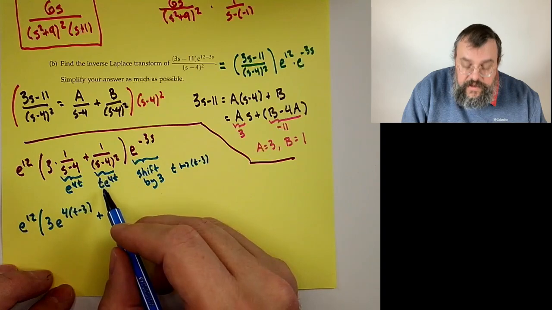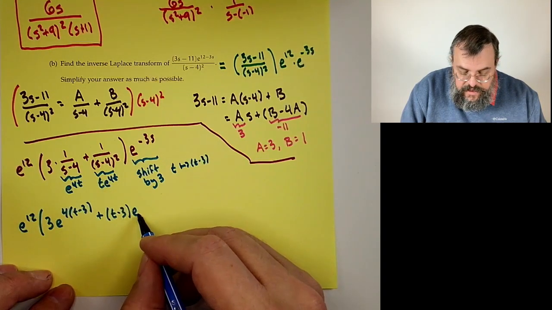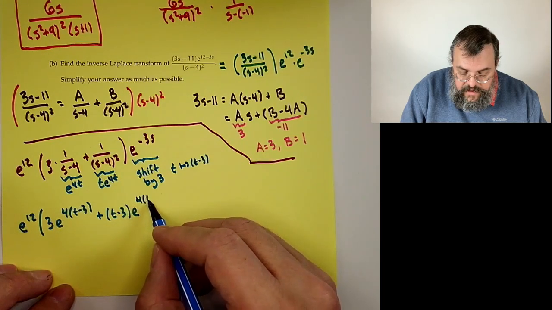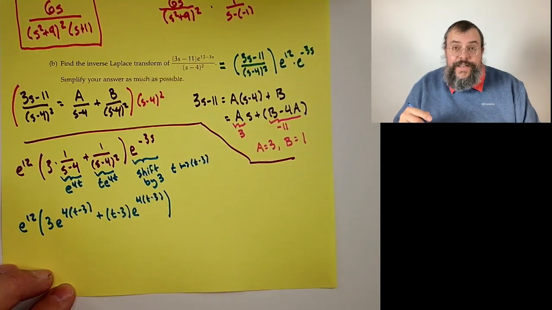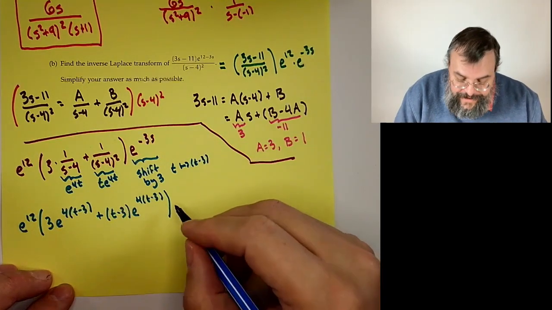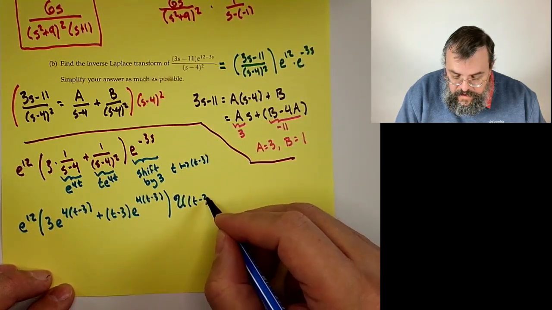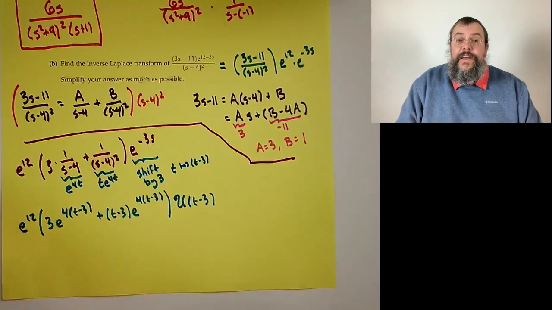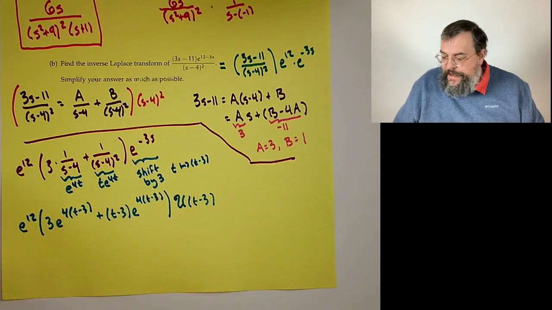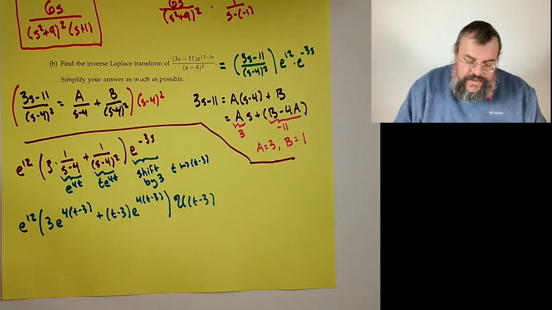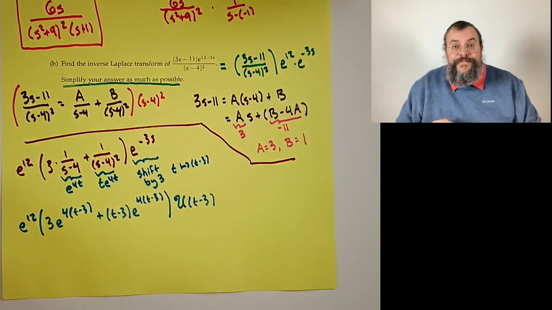And then plus, here, this t will become t minus 3, e to the 4 again, (t minus 3). All right. And then the last thing is we have that on-off switch, u. Okay, now this is an answer to the inverse Laplace, but we haven't finished the problem because remember, it told us simplify as much as possible.